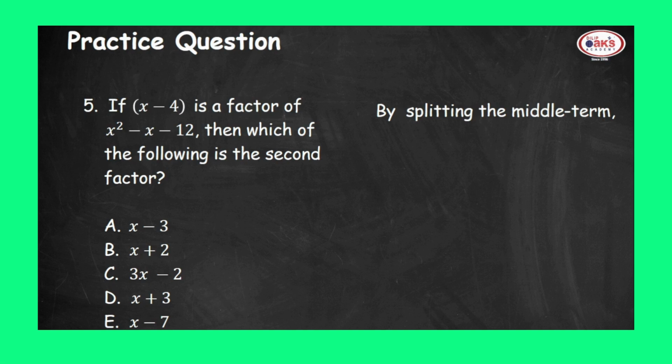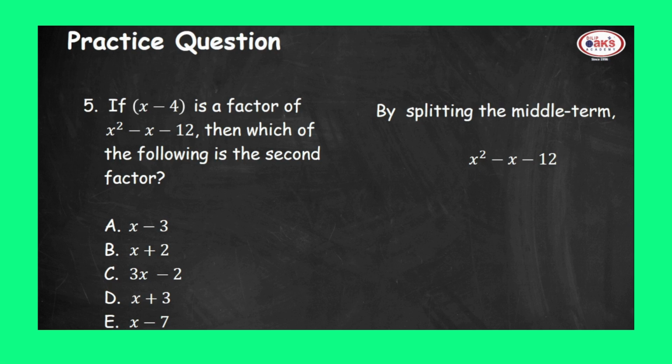So what I will do is I will write this expression x square minus x minus 12. Once again I will observe that the extreme coefficients are 1 and minus 12. So the product is minus 12. Now which are the factors of minus 12 whose addition is the middle term, which is minus 1? So clearly what comes to my mind is minus 4 and plus 3.